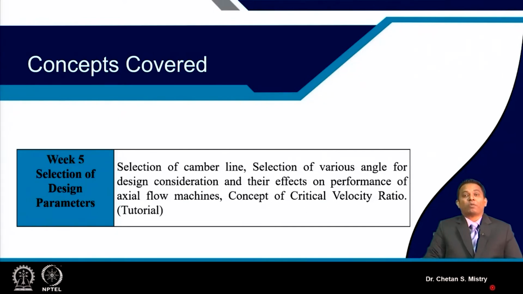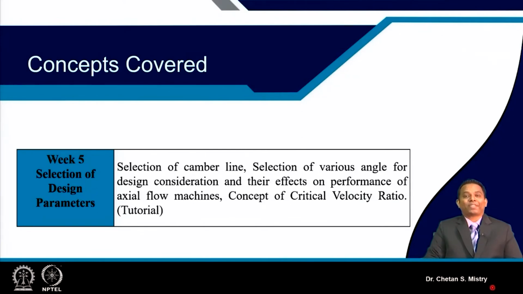So we have discussed the circular arc camber line, the parabolic arc camber line, and the double circular arc camber line, and we have realized that as per our requirement we can modify the shape of the camber line, and accordingly, for a specific thickness using a particular aerofoil, we are able to get the flow passage.